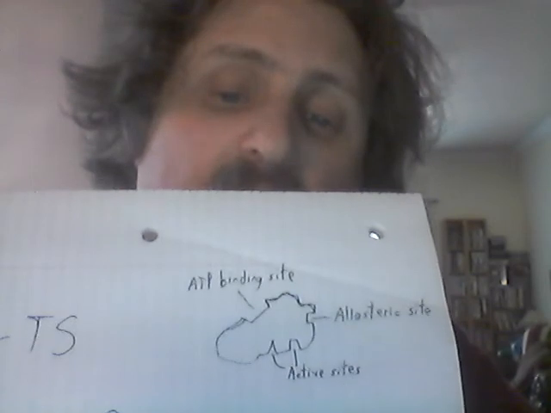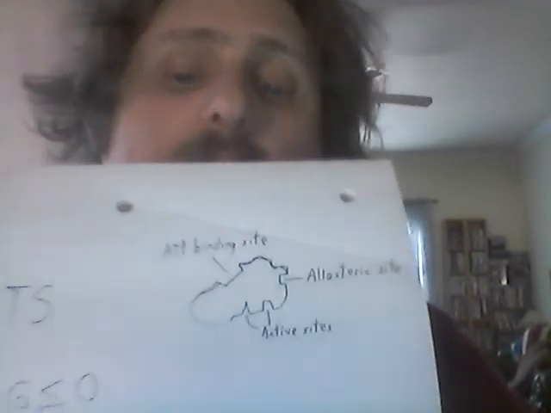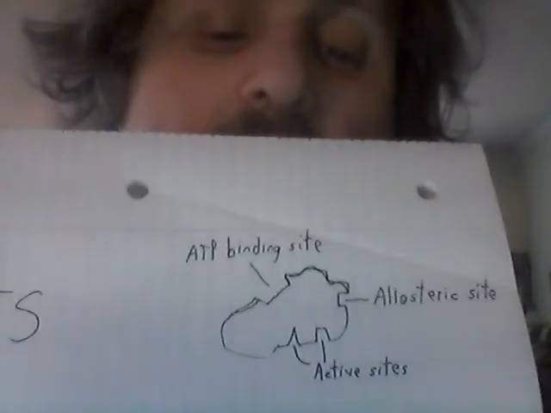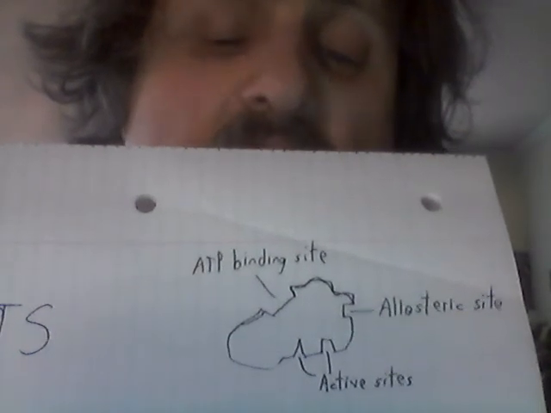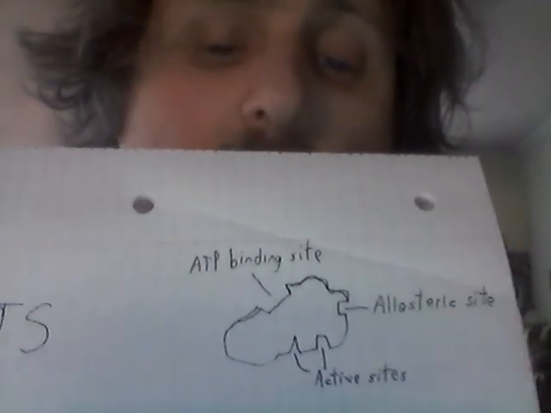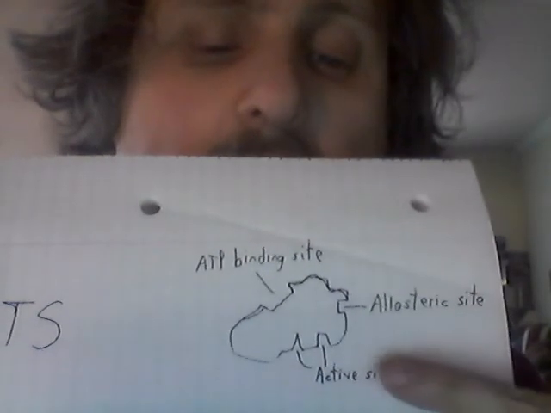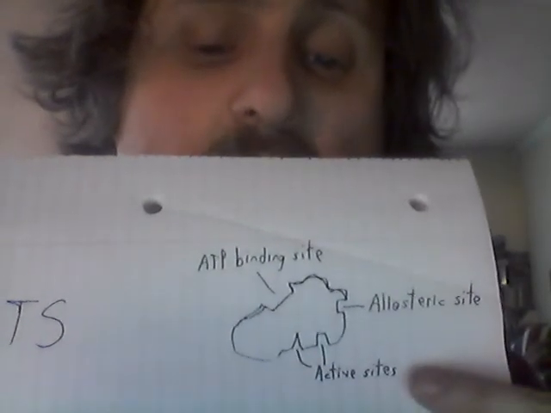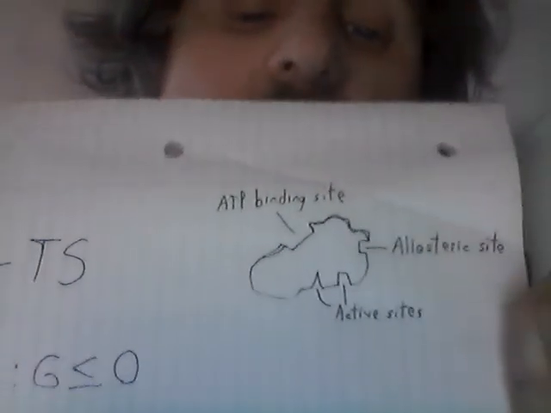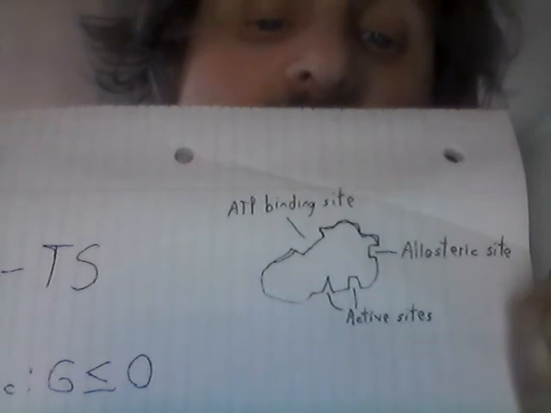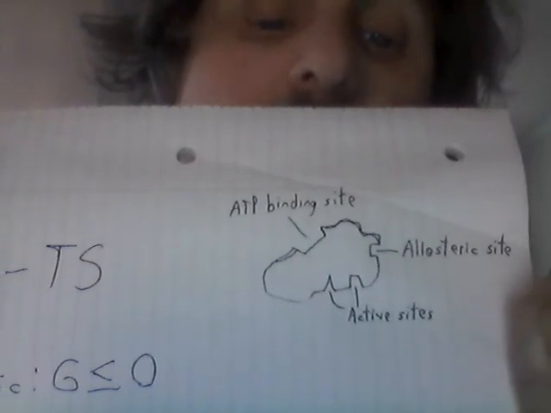S-U-B-S-T-R-A-T-E, substrates. Now, my enzyme might be flexible, but it does have a couple of gaps or clefts in its surface of fixed shape. Take a look at the bottom of that enzyme here. You can see that we have a couple of gaps in the surface of the enzyme called the active sites, sometimes called activation sites. I'm okay either way. Your active sites are the places where the substrates will bind to the enzyme.